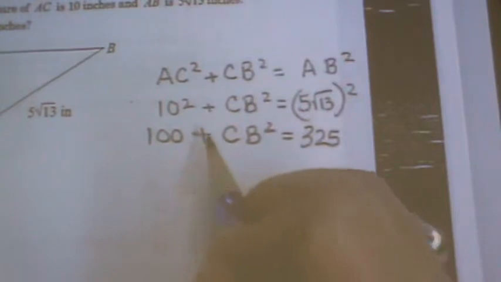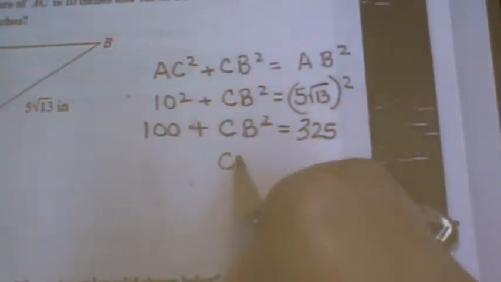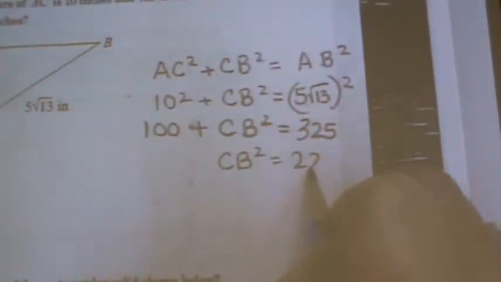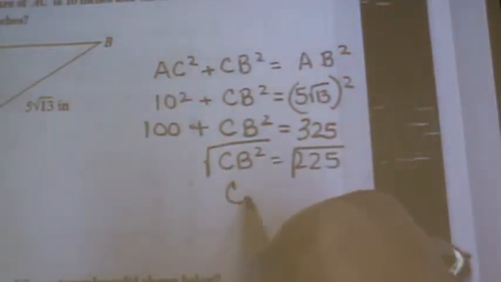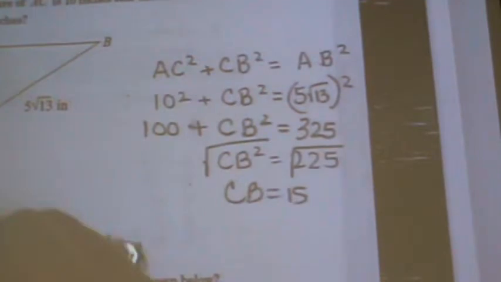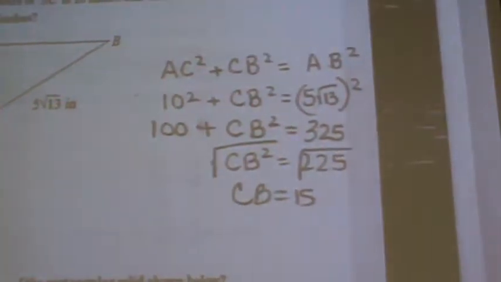Then you want to isolate, whoops, this should be a plus sign. Swing 100 over. You get 225. Square root both sides, and the square root of 225 is 15. The answer is B. B is the correct answer.